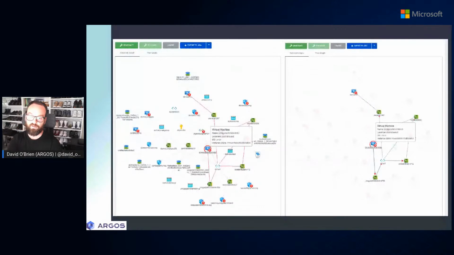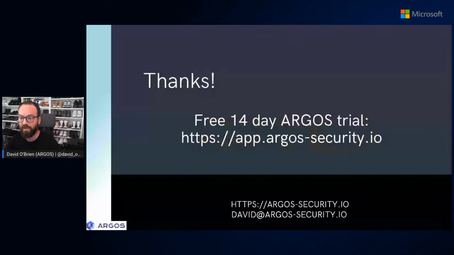This is all done using Cosmos DB and Azure Functions in front of that to really build this real-time diagram and paths. You can see the red graphs, and on the right side, how somebody could potentially laterally move through your environment. And this is all powered by Cosmos DB and Azure Functions.